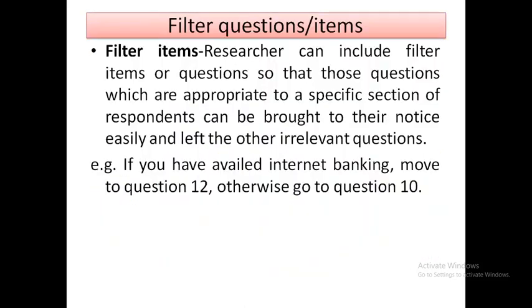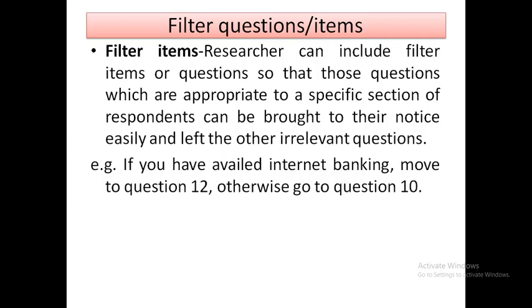Now, another type of item is known as filter questions or filter items. A researcher can include filter items so that questions appropriate to a specific section of respondents can be brought to their notice easily, leaving the other irrelevant questions. For example, if you have availed internet banking, move to question 12, otherwise go to question 10.